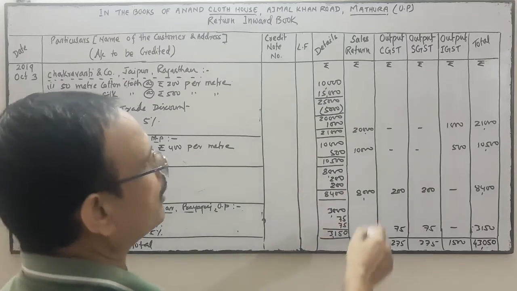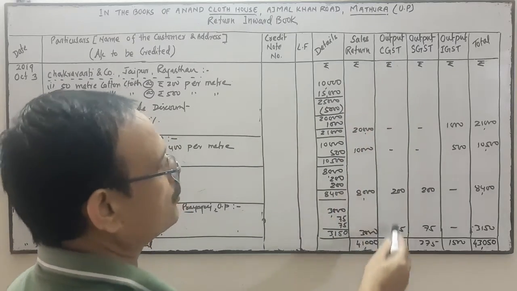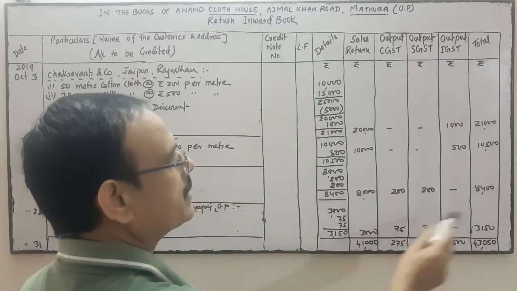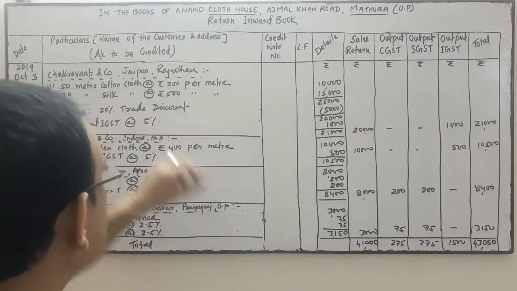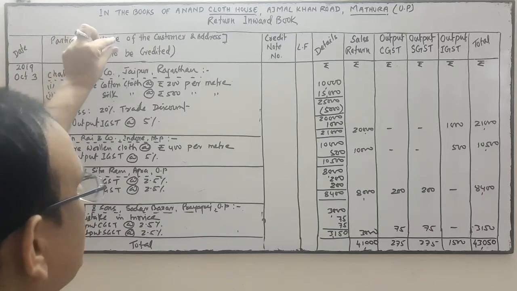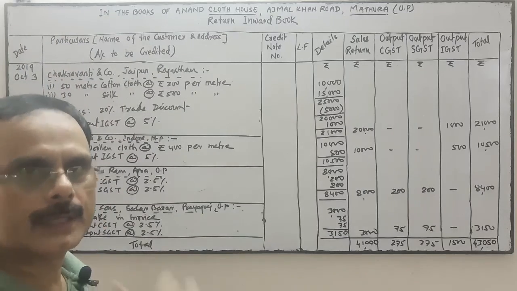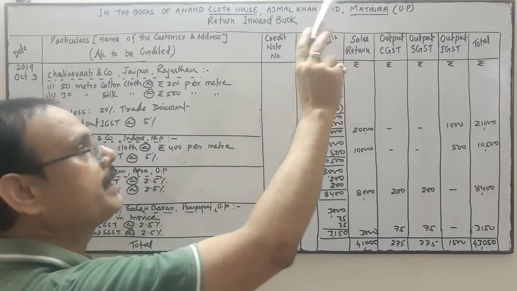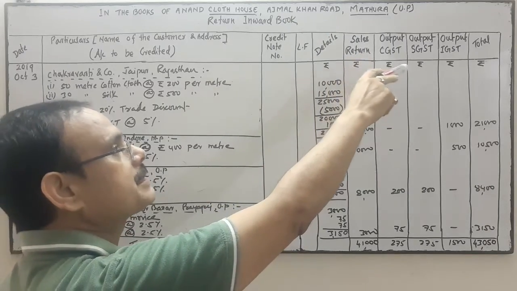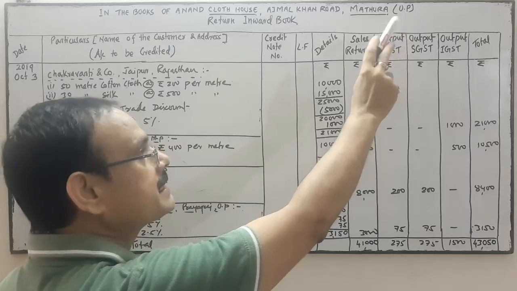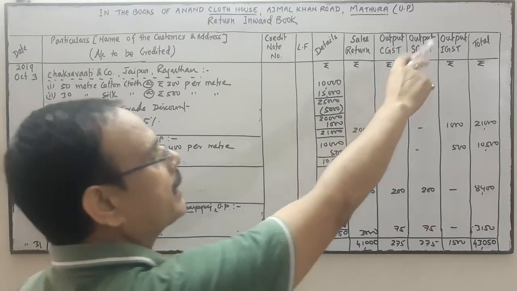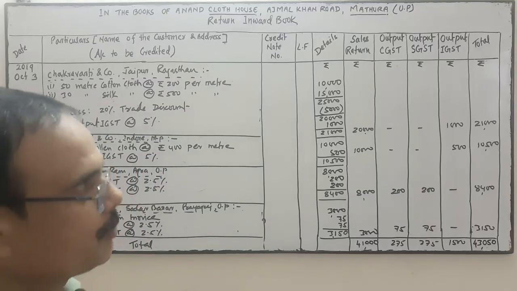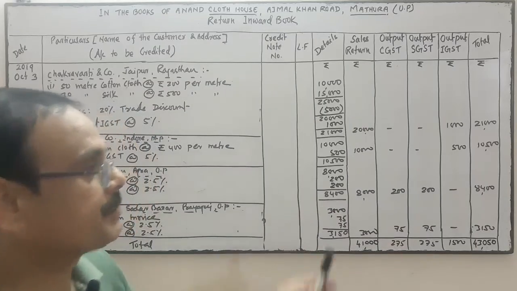So this is the total of the sales return, the total of output CGST, output SGST, output IGST, and this is the grand total. The customer's account will be credited, sales return account will be debited, output CGST will be debited, output SGST will be debited, and output IGST will be debited in the respective ledger.